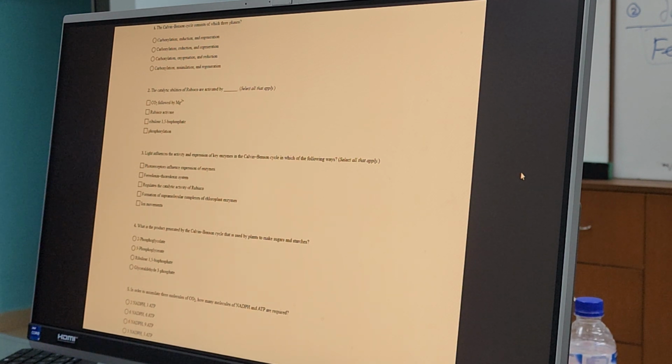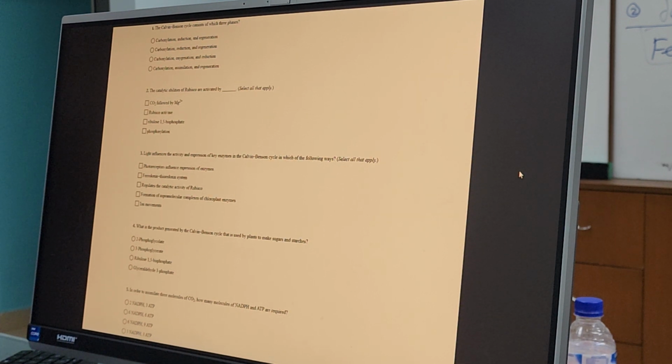Okay, look here. Any light? So why did you say Rubisco? So is C correct? Not correct. Okay, D, formation of supramolecular complexes of the chloroplast system. Correct? It's correct, I just looked at the book next to me.